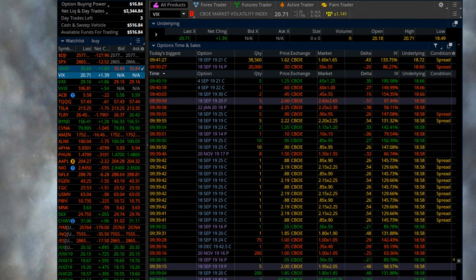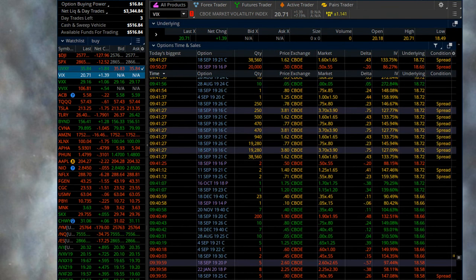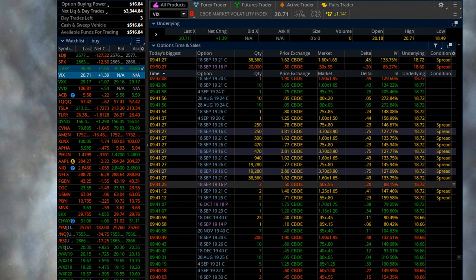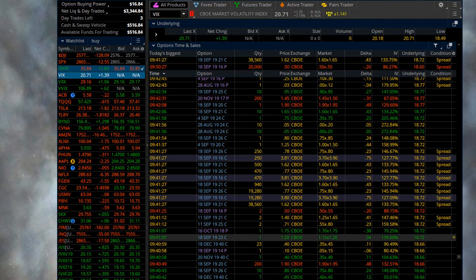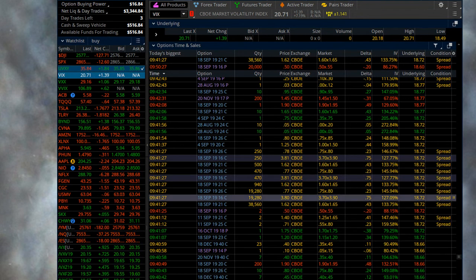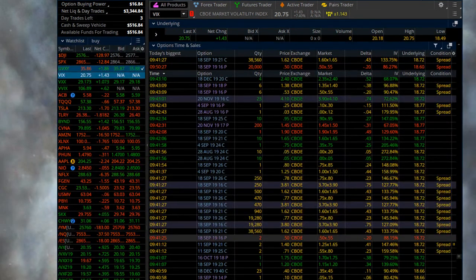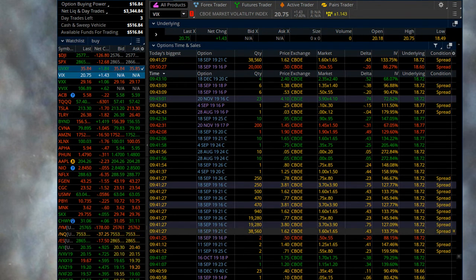So here's the spread, this big spread, 941. So we've got the SEP. It looks like they were buying the 16 calls and selling the 26 calls. That's what that looks like to me. So 18 SEP, 16, 21 call spread.